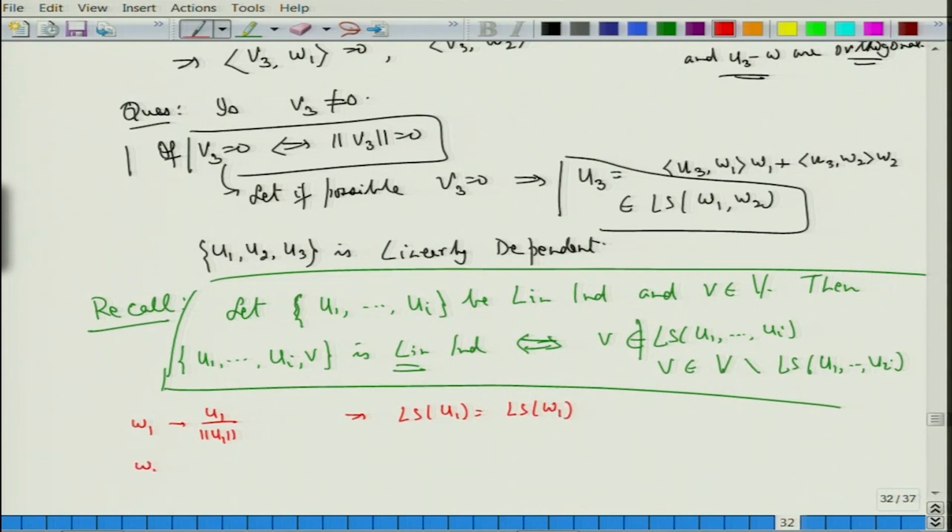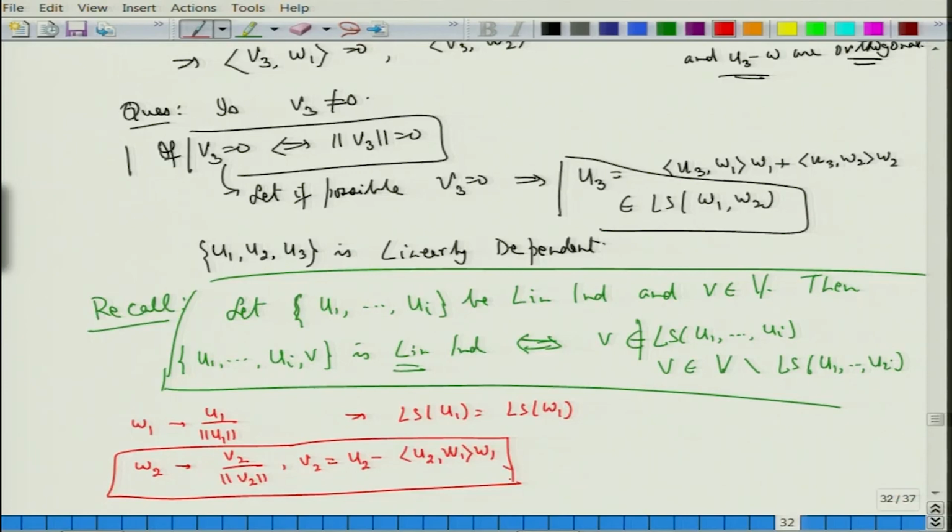Then we define w2 as v2 divided by length of v2, and what was v2? v2 was equal to u2 minus <u2, w1> w1. This is how we defined it. So, can I say from here that the linear span of u1, u2 is the same as the linear span of w1, w2? Can I say this?